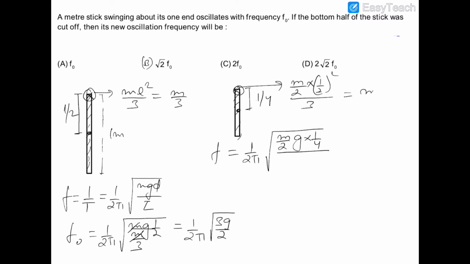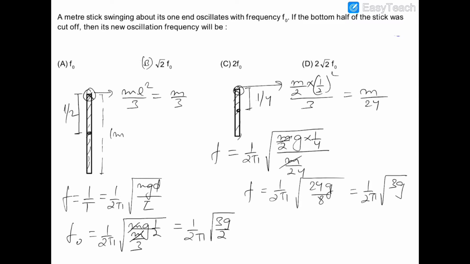So this will be m by 8 into 3, which is 24. So this is m by 24. Cancelling m with m, f will be equal to 1 upon 2 pi under root of 24g by 8. So this will be equal to 1 upon 2 pi under root of 3g. So you can see that f is equal to root 2 times f naught. So the correct option will be option number B.